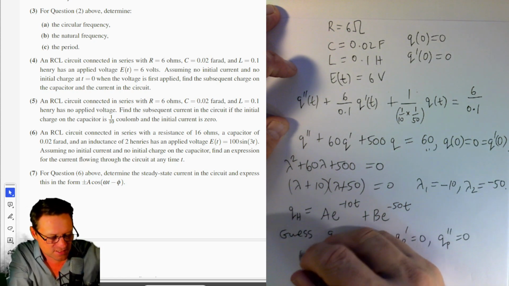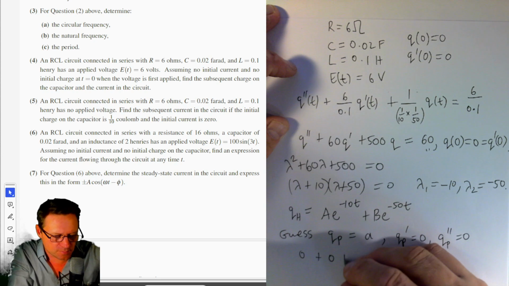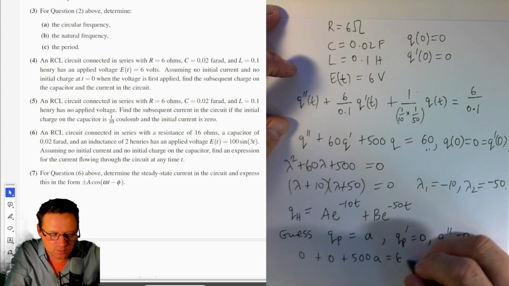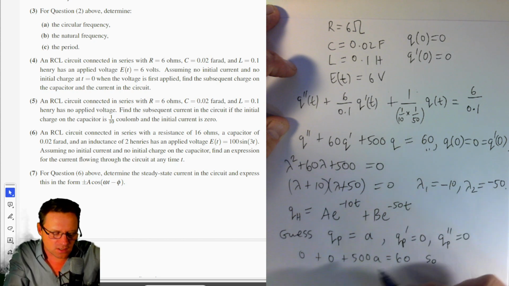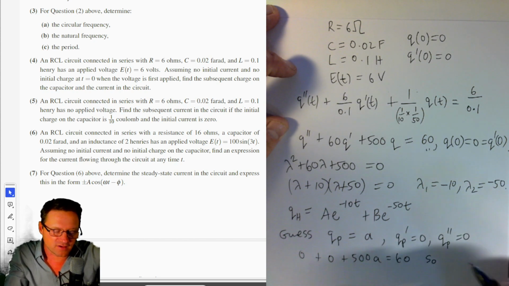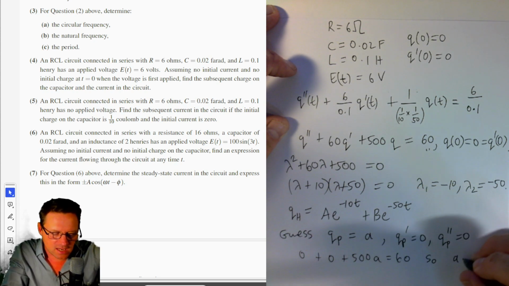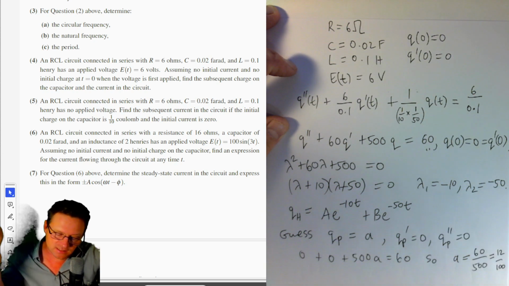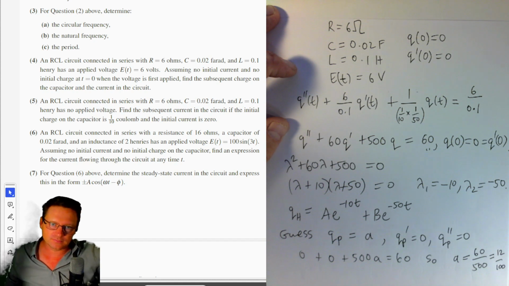So then we have 0 plus 0 plus 500 times a is equal to 60. So dividing throughout by 500, we have a is equal to 60 over 500, which is 6 over 50, or 12 over 100. And I write it this way because that's clearly 0.12.